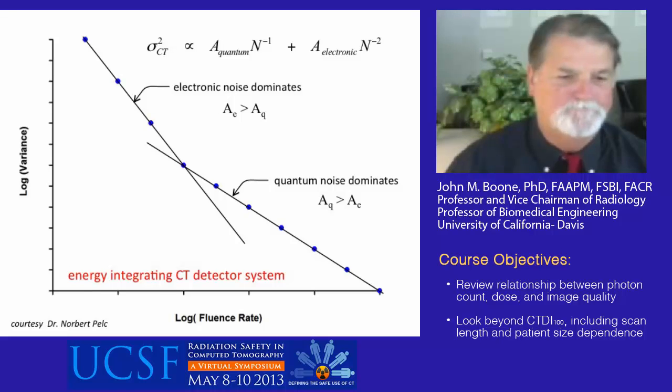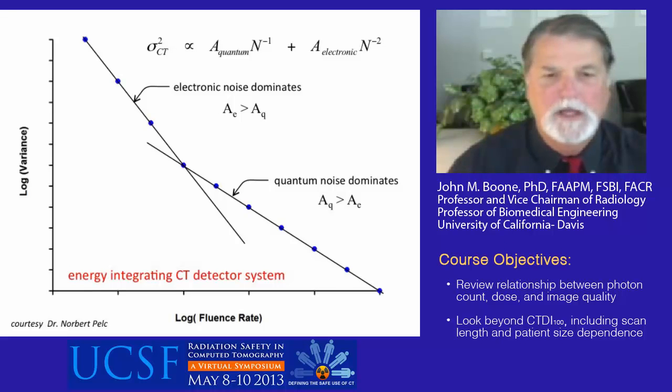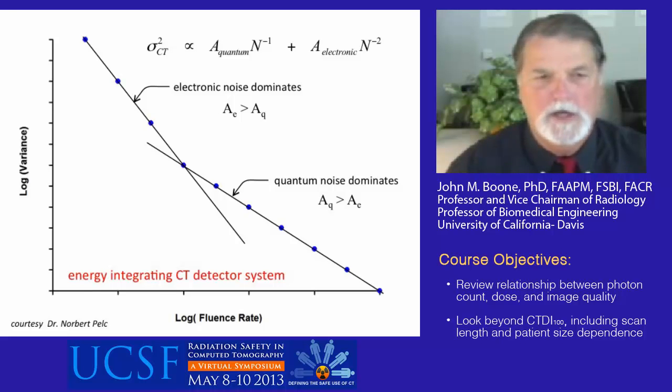So if you look at this log of variance, which is noise, as a function of log of the fluence rate, as long as you're at high fluence rates on an energy integrating system, the quantum noise dominates, and where A of Q is greater than A of E, Q is quantum noise and E is electronic noise.